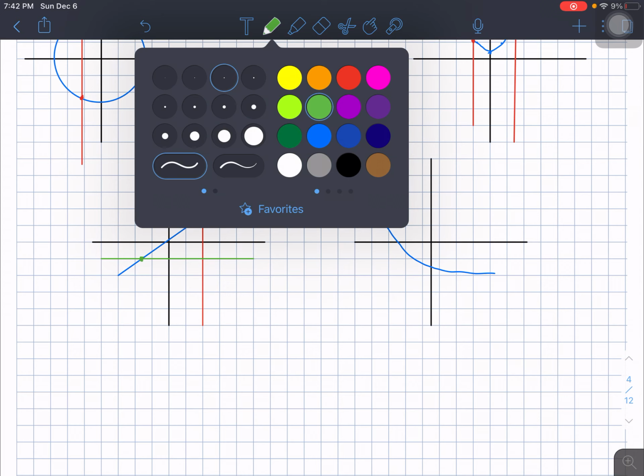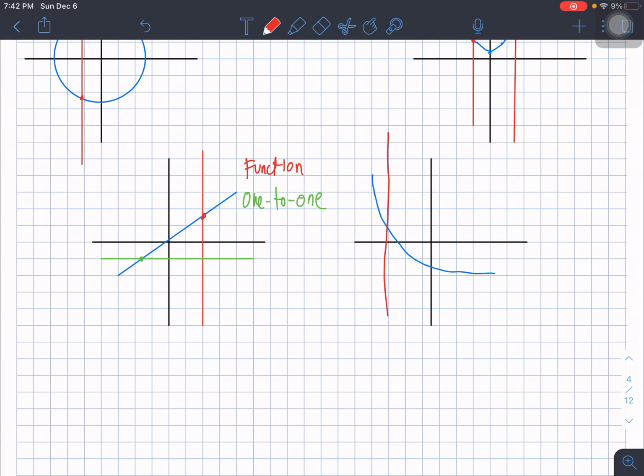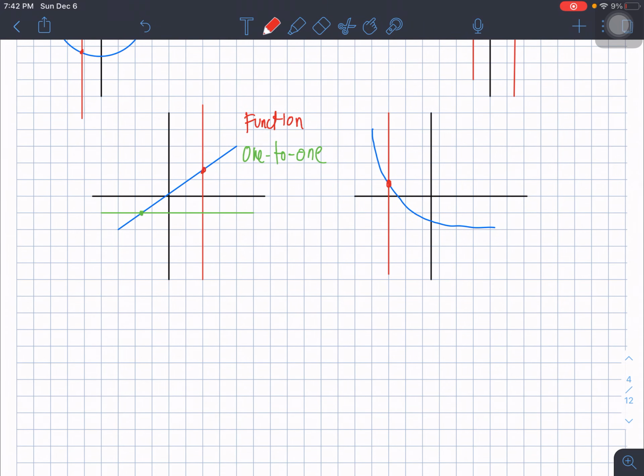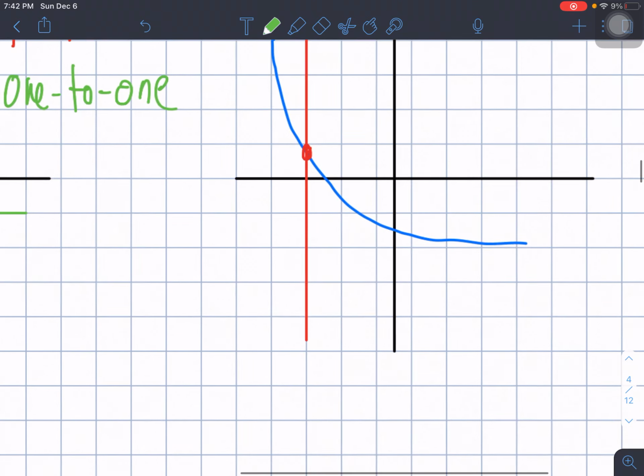Again, draw a line. It only passes at one point. If I draw another line, let's say this one, I'm pretty sure that it does not pass at more than one point.